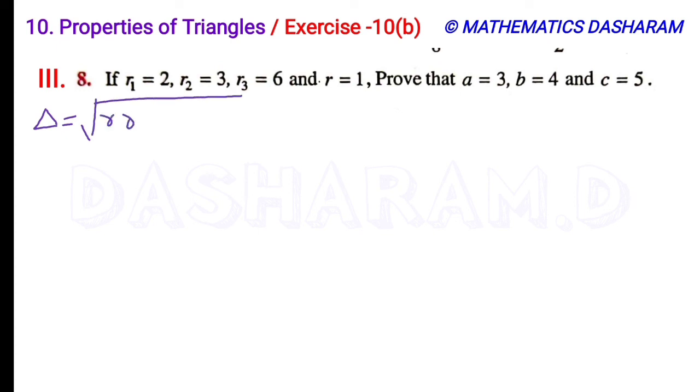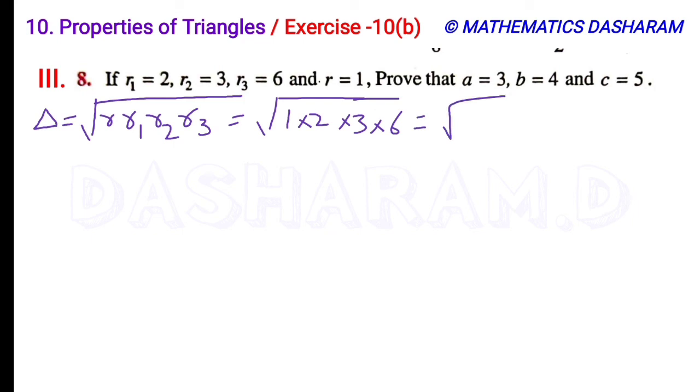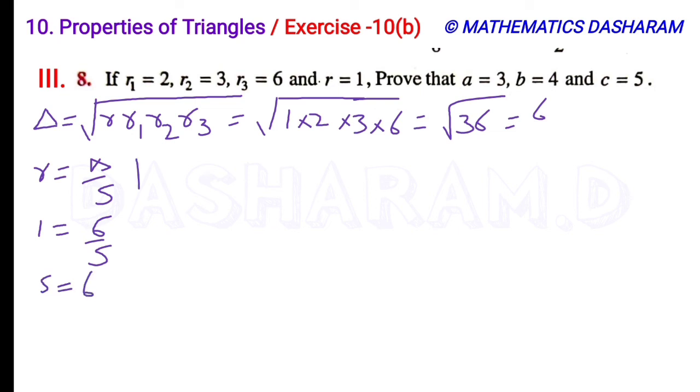The formula is the square root of r into r1 into r2 into r3, which is root 36, so the answer is 6. Next, r is given as 1, but the r formula is delta divided by s, so 6 divided by s equals 1, then s equals 6.